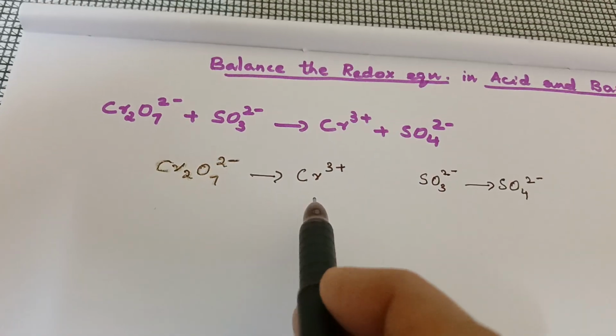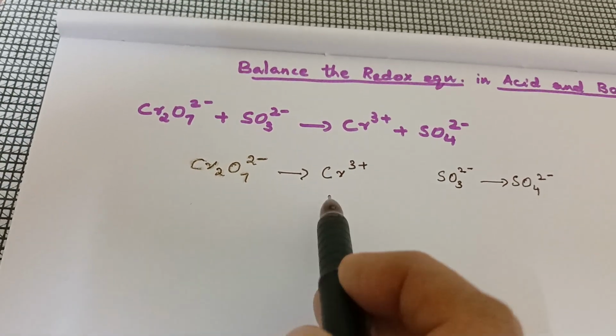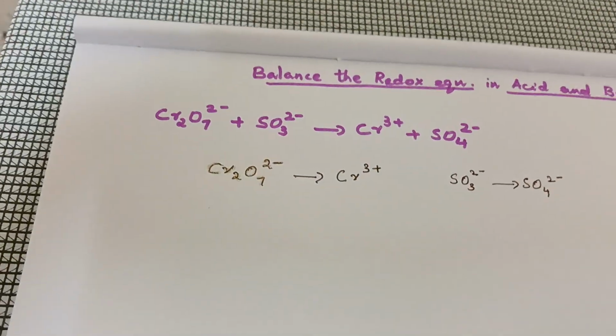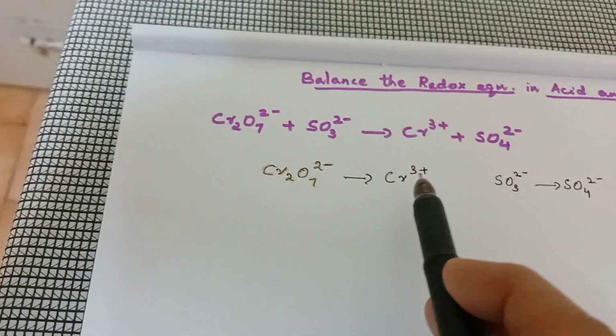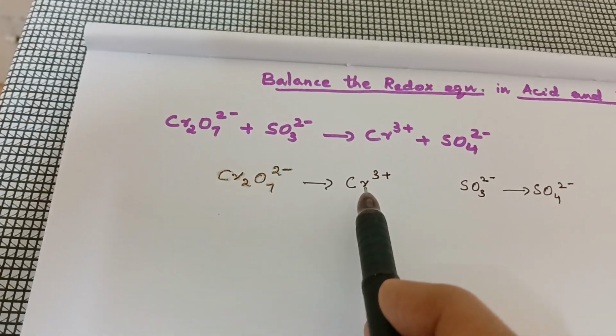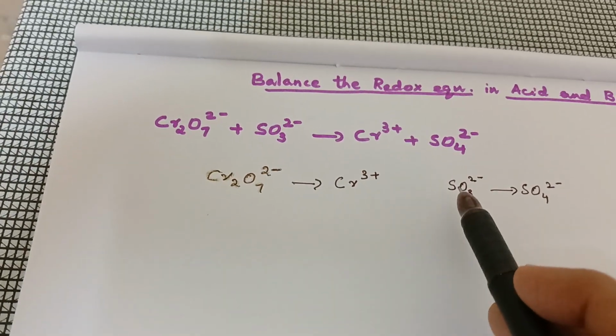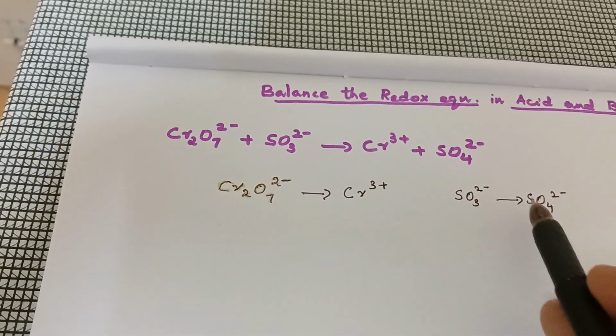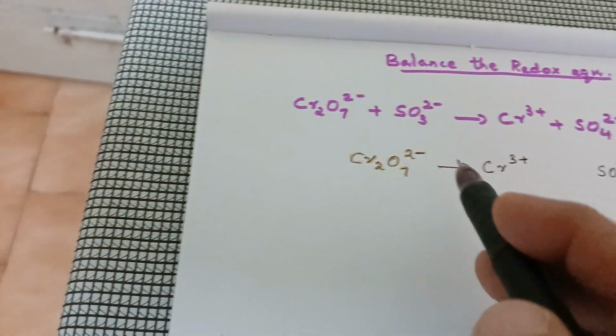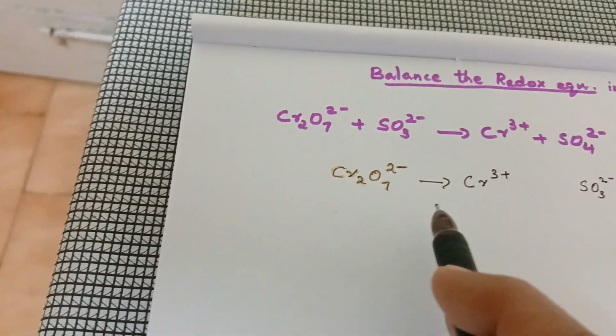We have chosen these entities because they are changing their oxidation states. From here to here, there is a change in oxidation state. Here also, sulfur is changing its oxidation state. So that is why we have chosen them as half reactions.